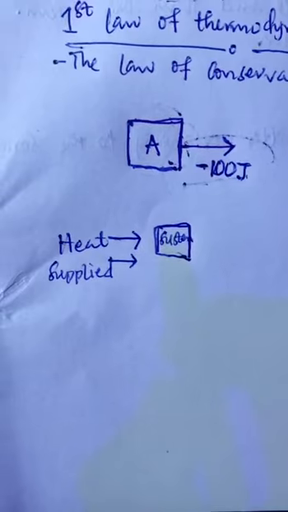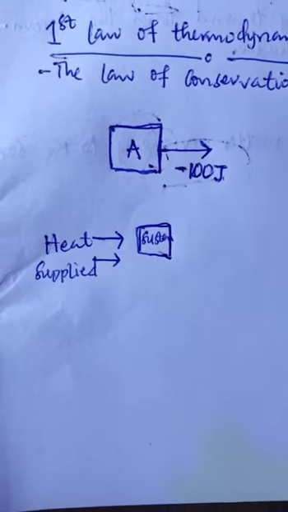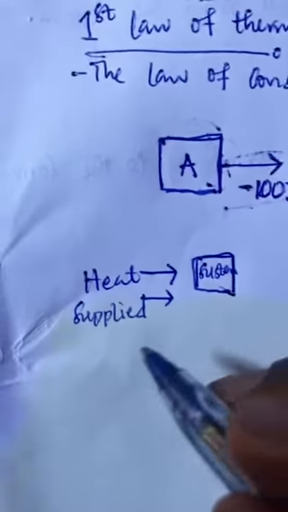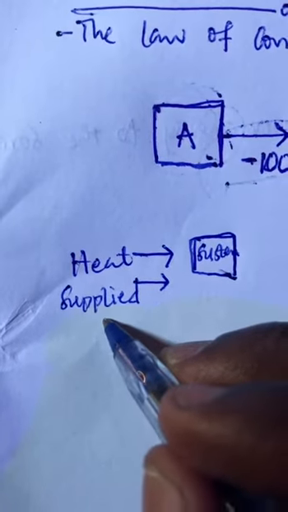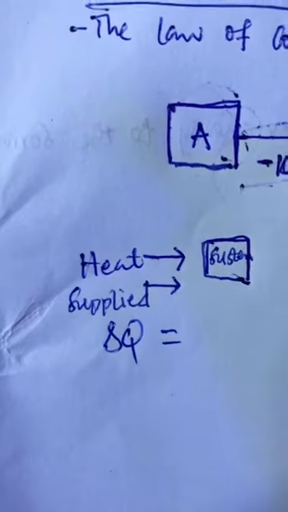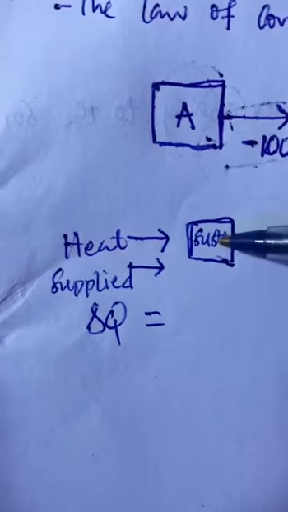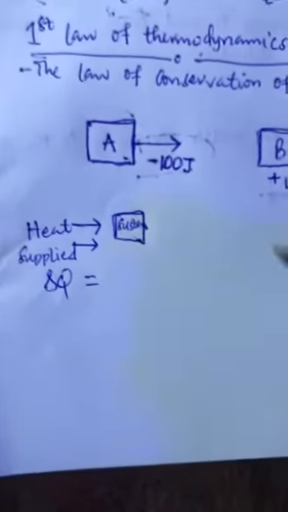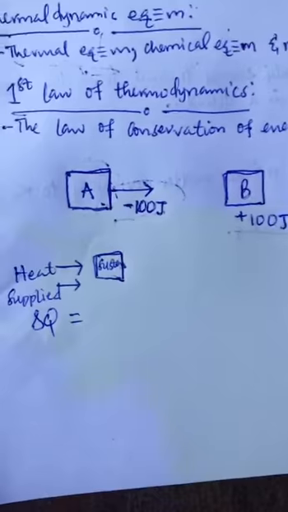Then the system can move. So the heat you supply, which is Q, is going to be equal to... when you supply this, the temperature of the system must increase. Therefore, when the temperature increases, it is going to increase its internal energy.